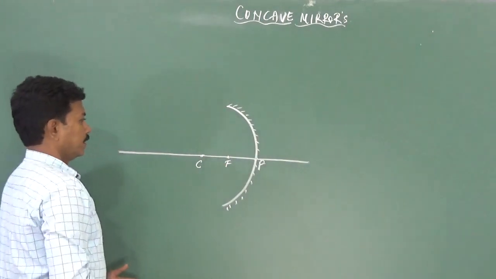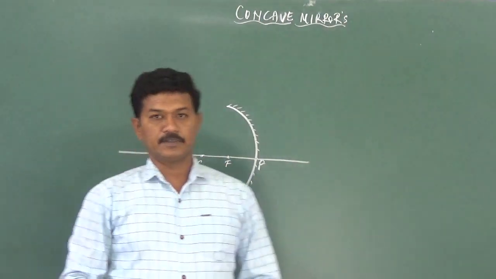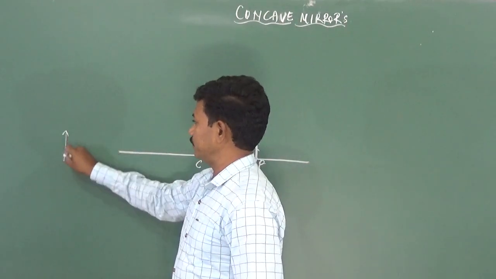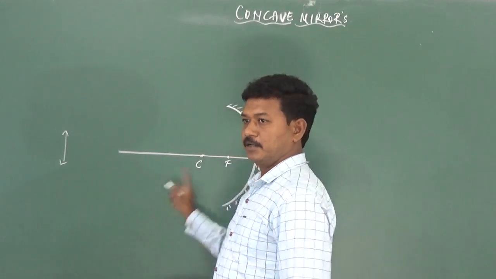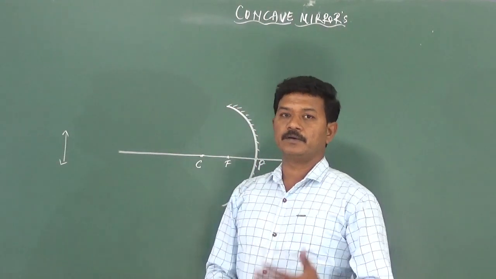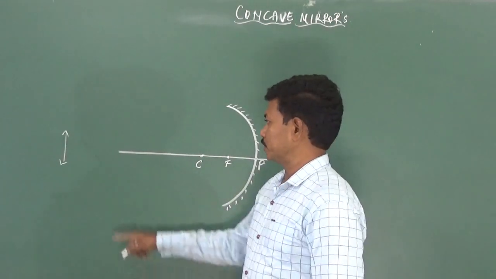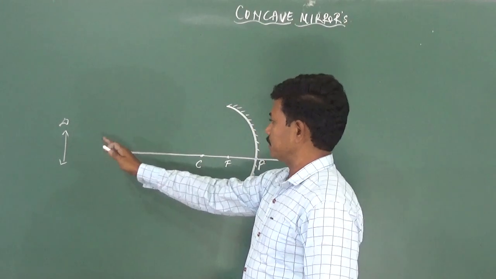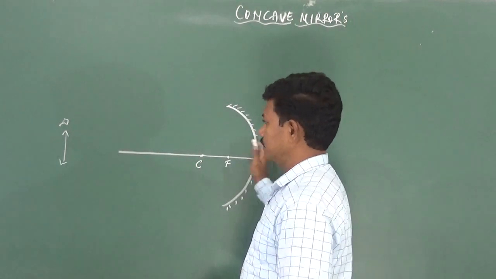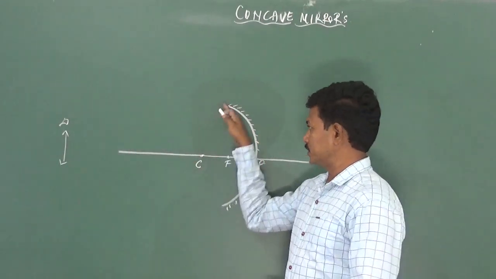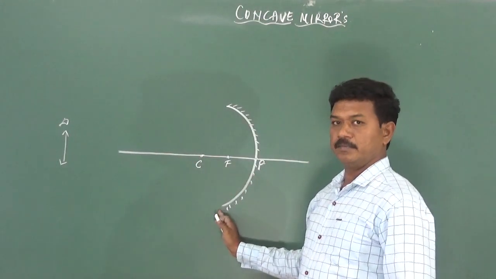Here in the first case we kept the object at infinity. It was a point very far away from the mirror, that is the pole of the mirror, as we know that everything should be measured from the pole of the mirror. Therefore the object was at infinity. The light rays coming from the object kept at infinity fall on the reflecting mirror and the image is formed.